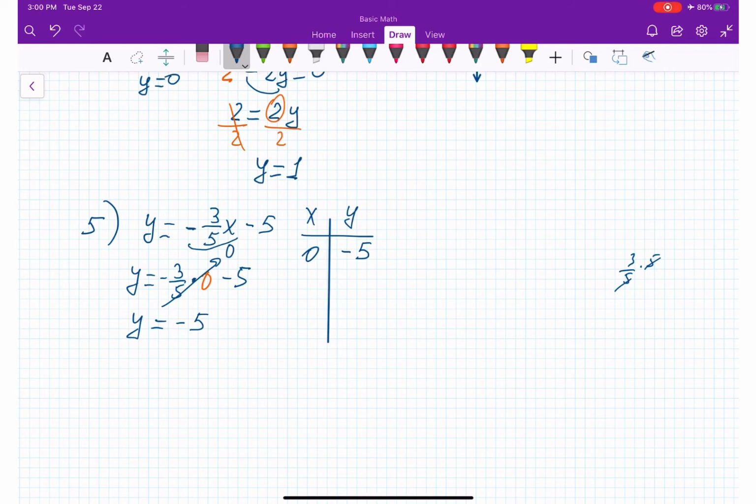Because if I would choose, let's say, 4 or 3 or 7 or 6, I will still end up with fractions, right? Let's say times 6, I will end up with 18 over 5 and have to plot 18 over 5 on the graph. So if I see the denominator is 5, then I'm taking 5 to get rid of that fraction. Okay? All right. So I'm taking 5.